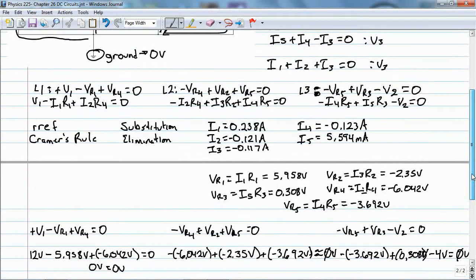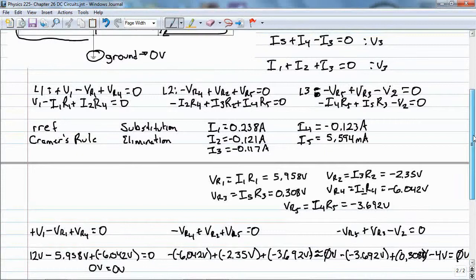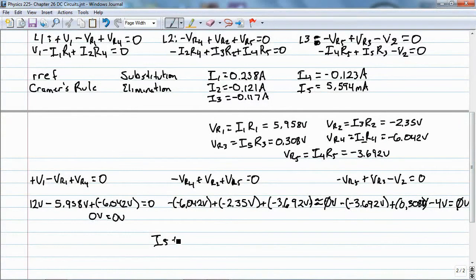And I can check my currents. I have I5 plus I4 minus I3.